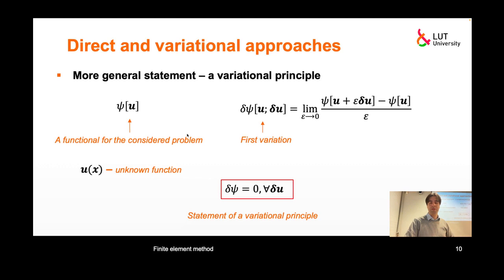Okay, so if we are done with this definition, then the general statement of a variational principle looks like this. We require that the first variation of the functional is equal to 0, but contrary to differential calculus, we need to put something else here. Because in differential calculus, if I'm looking for an extremum point, I just say that my derivative must be equal to 0 at that point.